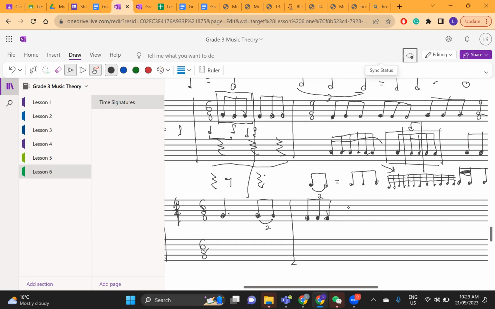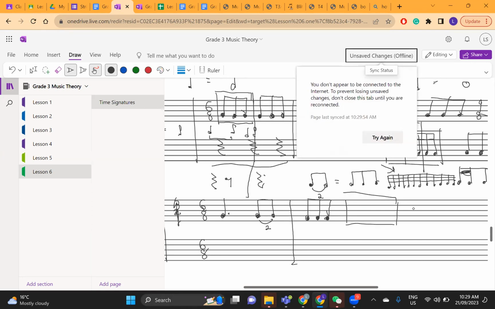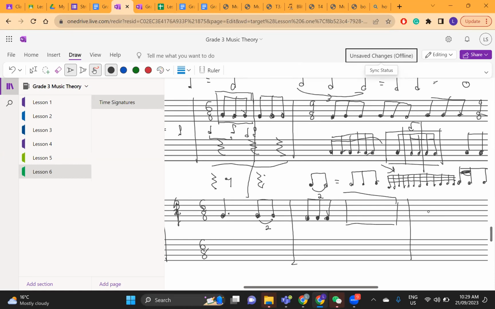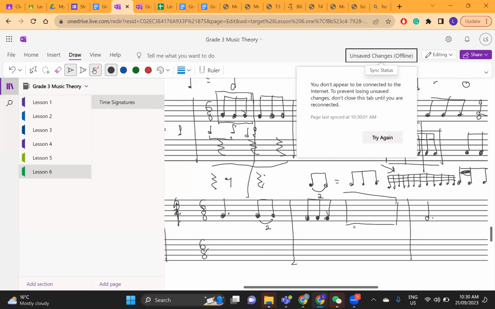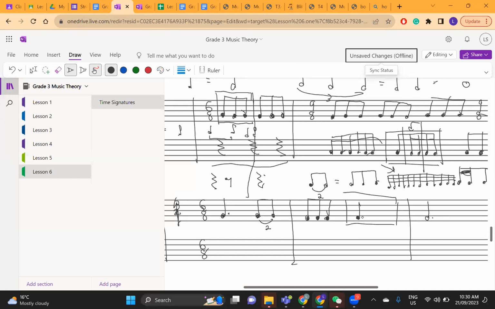A dotted minim won't work there because we only have a, we need 3 more. You could use a dotted minim in the next bar, like there. You would need something of a dotted crotchet's worth.